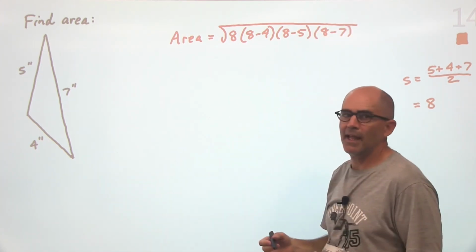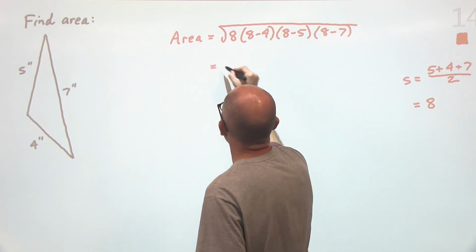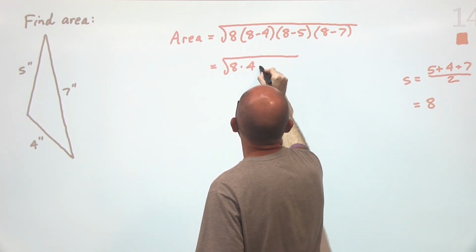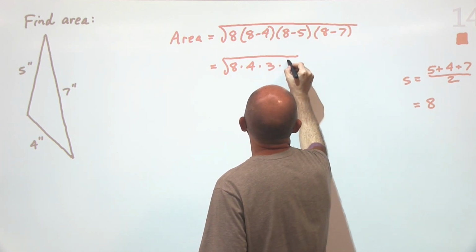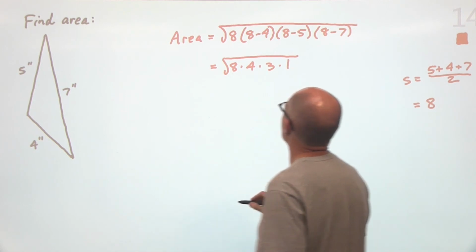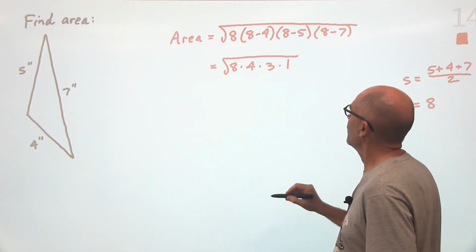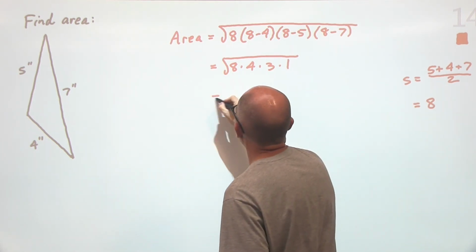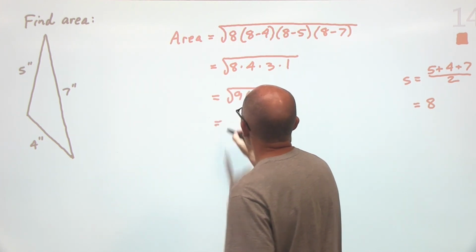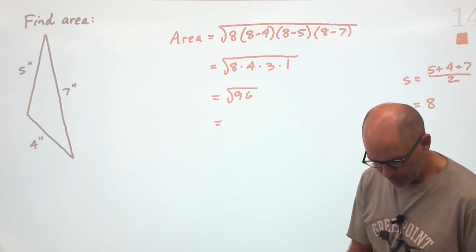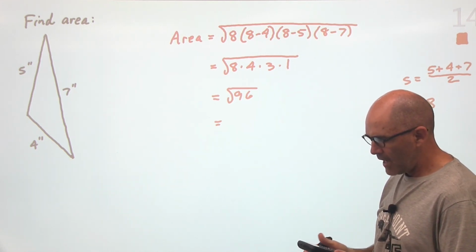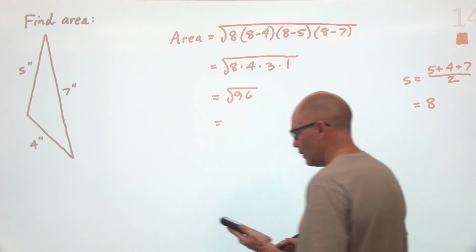Bam! Simple as that. Okay, so that means it equals 8 times 4 times 3 times 1. And 8 times 4 is 32 times 3 is 96. So the area is the square root of 96, which is approximately 9.797.